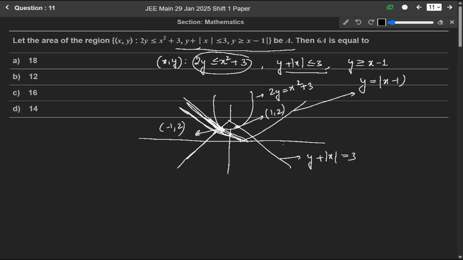Now we have to solve this area. If we want to find this area A, this shaded area, we'll take the limit from minus 1 to plus 1, and here y equals x square plus 3 divided by 2.